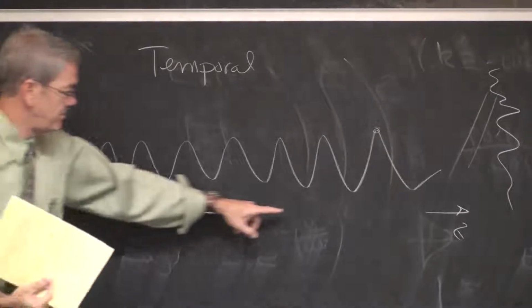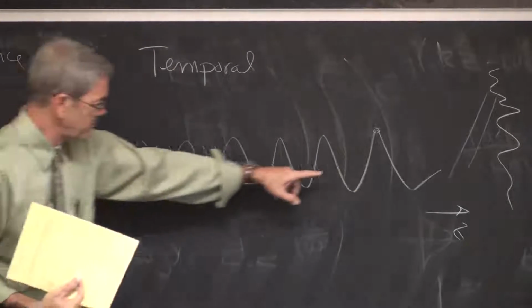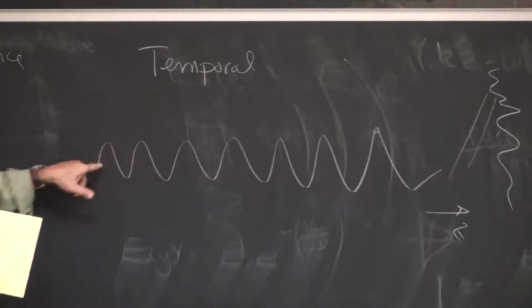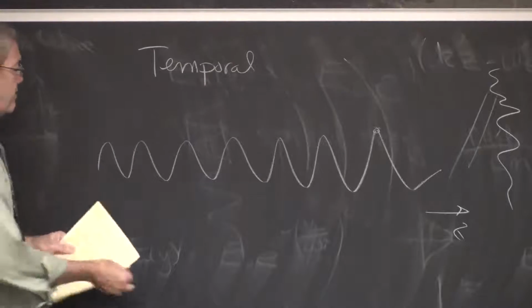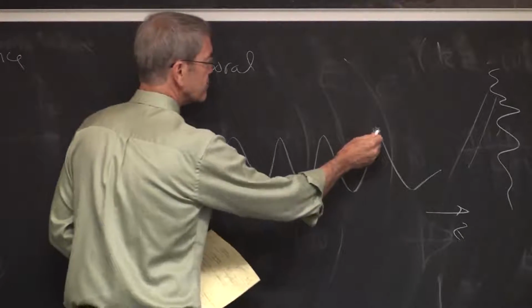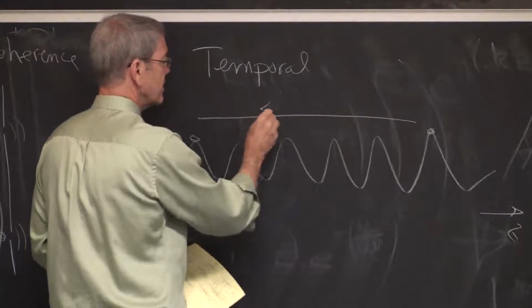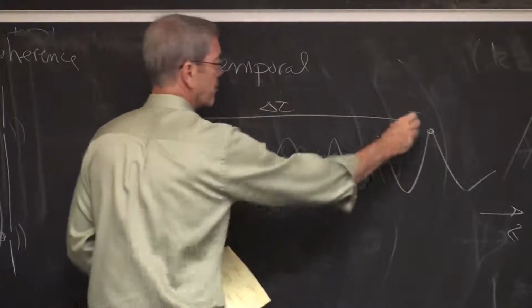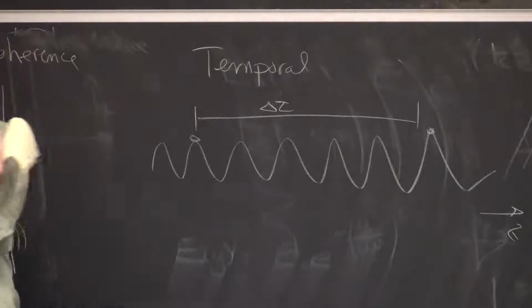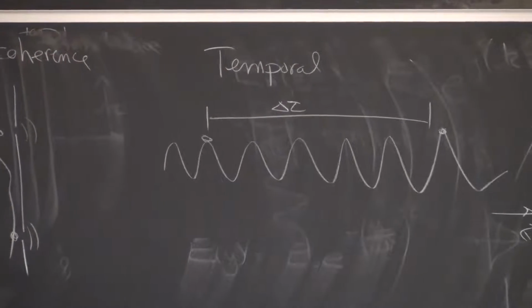So there's a time difference between these two because first this was generated, then many cycles later this one was generated. If I compare the phase here to the phase with this, so this represents a delta tau, and again look for interference. If I see interference, they're temporally coherent.